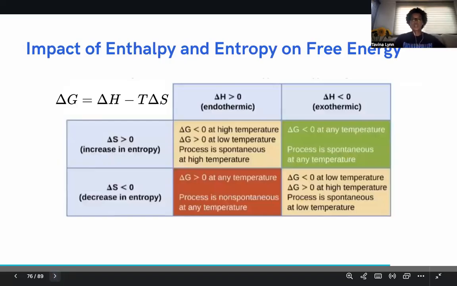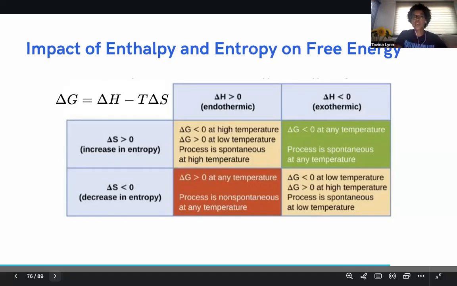So looking at this equation for the change in free energy and understanding the impact that enthalpy or entropy will have on free energy is an important thing to look at, because it can give us insight into when a system will be spontaneous based on the change in free energy.